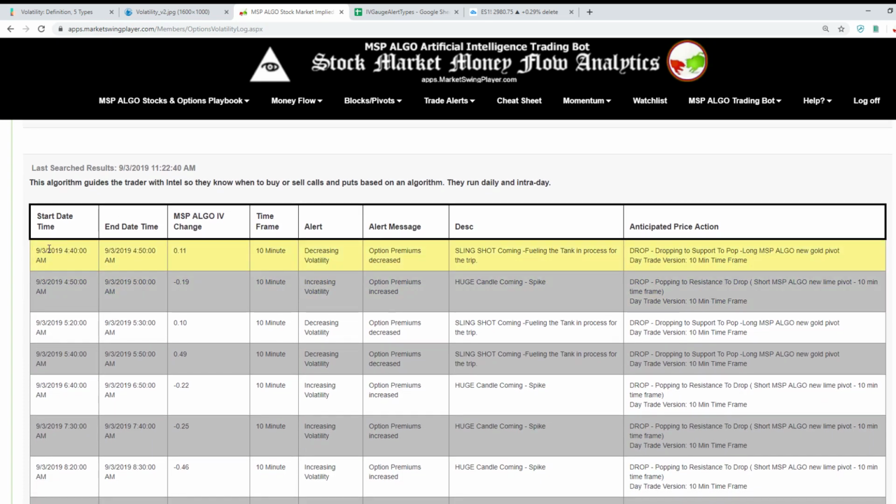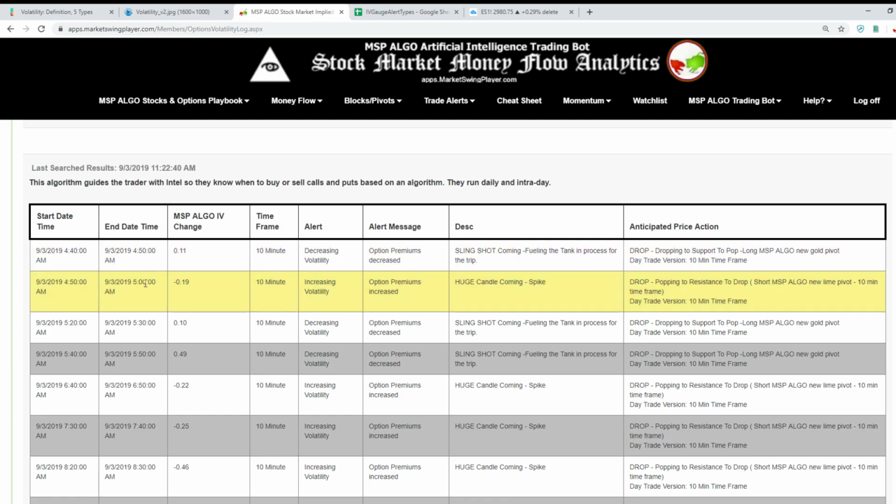Okay, so we have a start date, an end date time, MSP ALGO, implied volatility change, time frame, alert message, description, and anticipated price action. Okay?